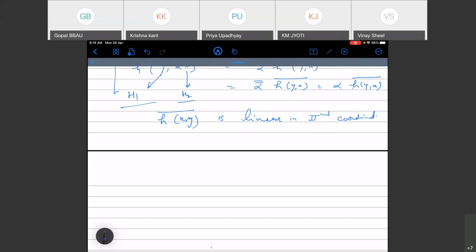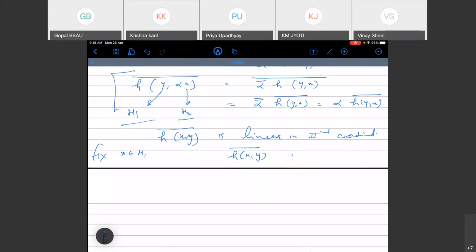Now fix an x in h1, and in that case, when you fix x, h bar x y is a linear functional on the second coordinate, on h2.